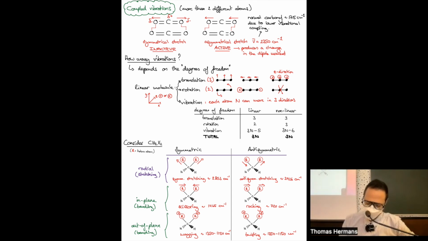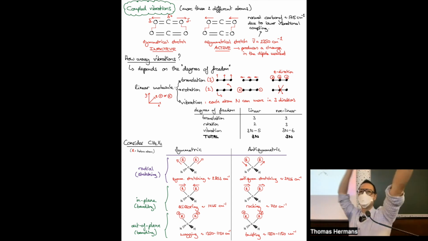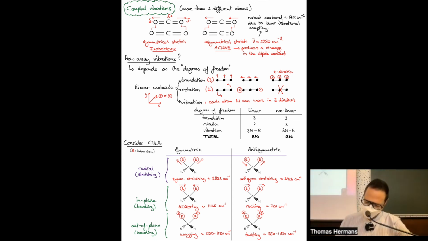Wagging, around 1350 to 1150 centimeters minus 1. And if you have one that moves to the front and one to the back, like this, it's twisting, right? Twisting. Same wave numbers, around 1250. Okay. Put a line here.